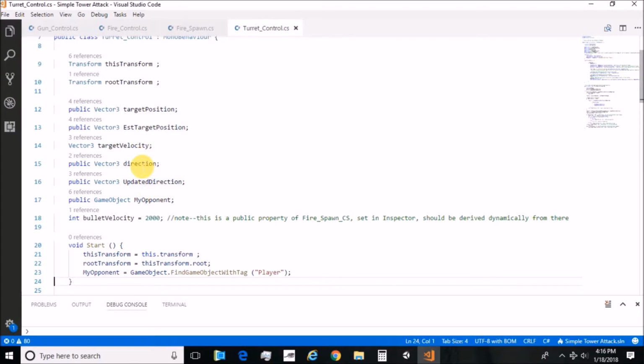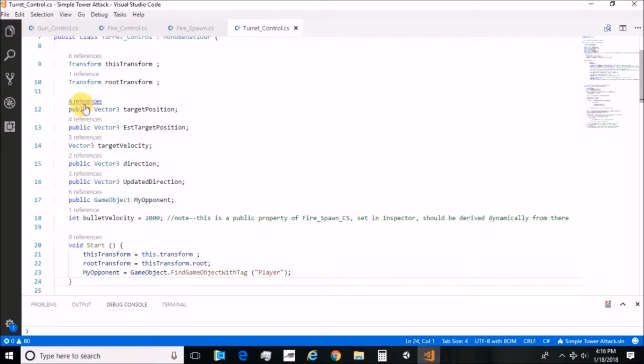Or actually, direction is simply a vector between where the gun is and where the target currently is, and here's the vector between where the gun is and where we think the target's going to be. My opponent is the actual target.